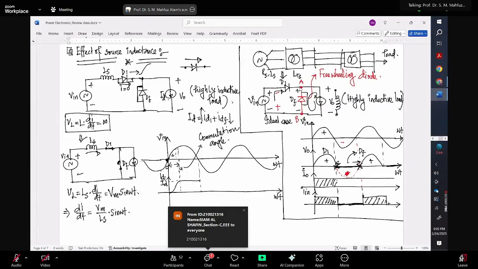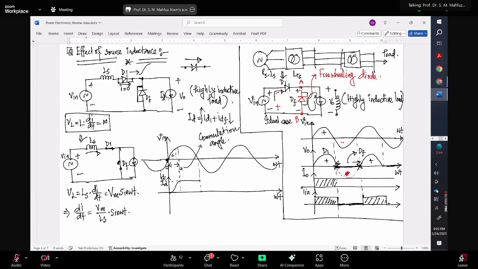So as I am saying, from 0 to U, what is happening here? Both diode D1 and DF are operating, because this inductance doesn't allow diode D1 to have the total ID current instantaneously. So D1 will take the load current in a slope similar to a sine wave.